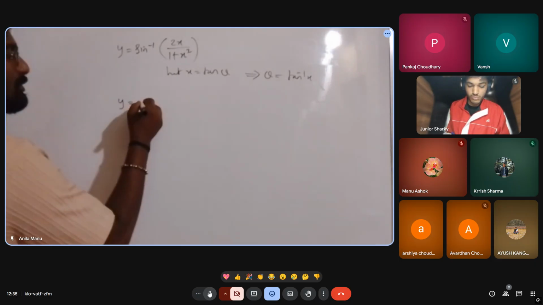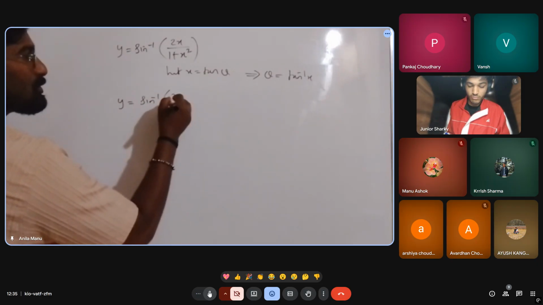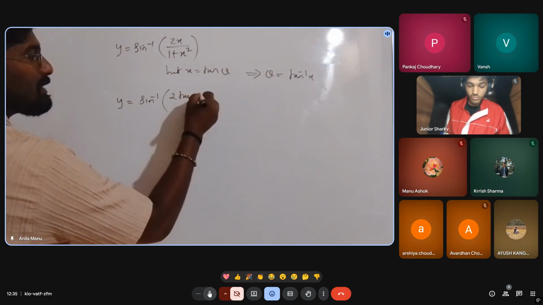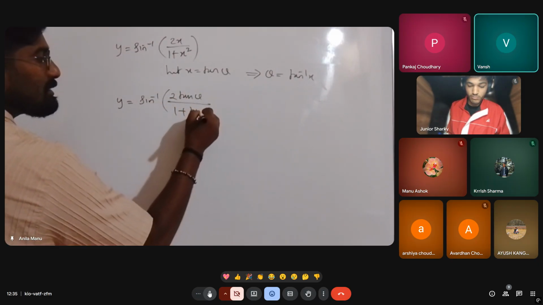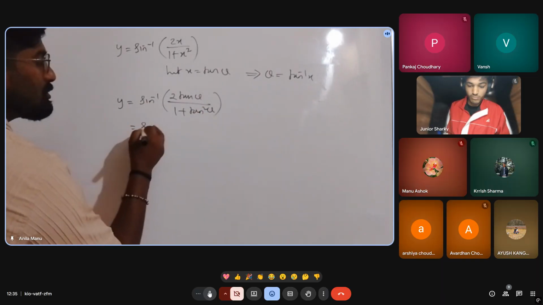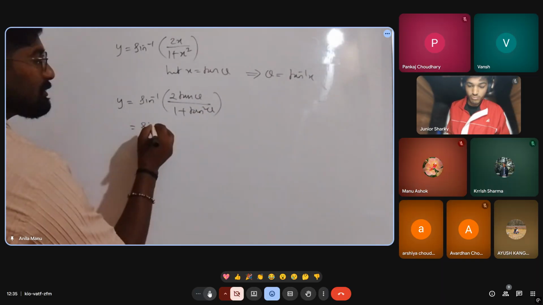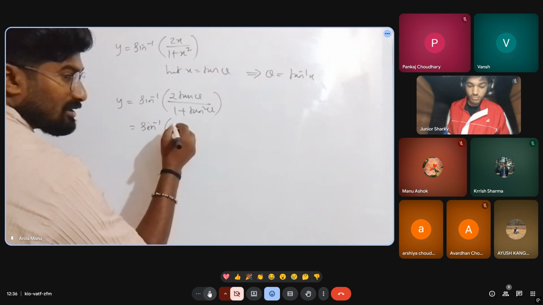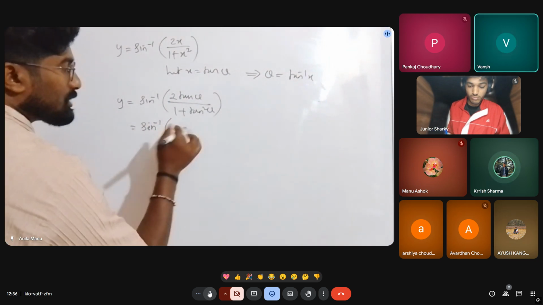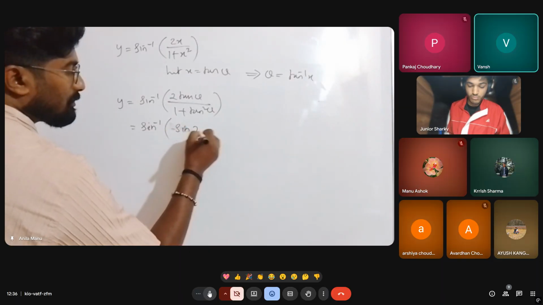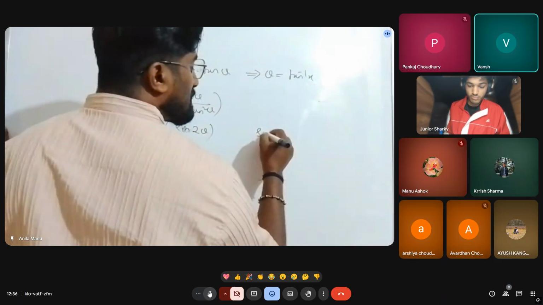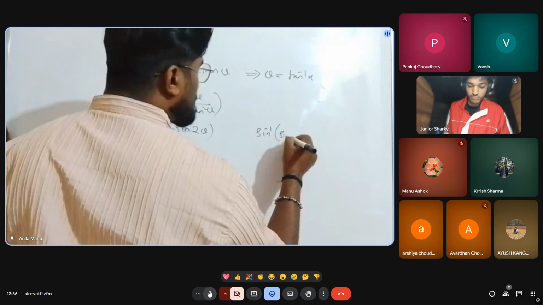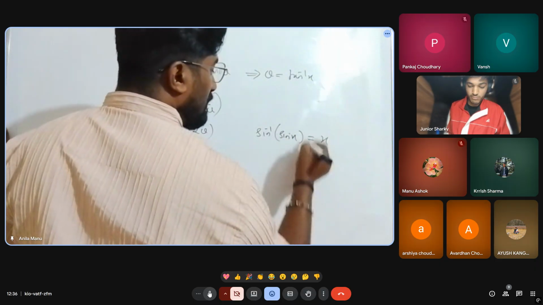Y is equal to sin inverse of 2 tan theta by 1 plus tan square theta. That is equal to sin inverse of, tell me, sin 2 theta. 2 tan theta by 1 plus tan square theta is sin 2 theta. What is sin inverse of sin x? x.